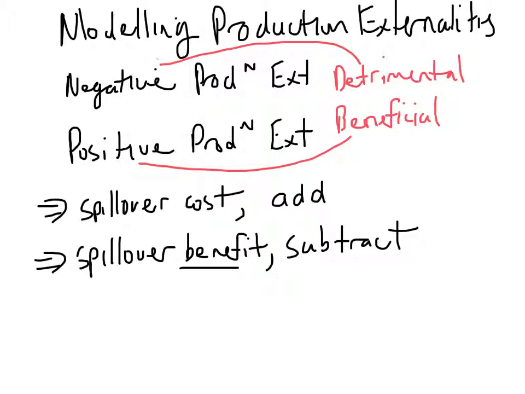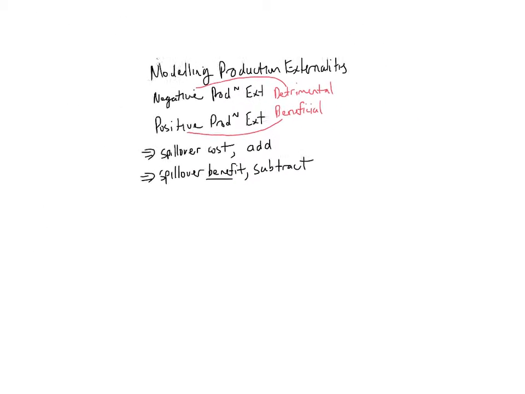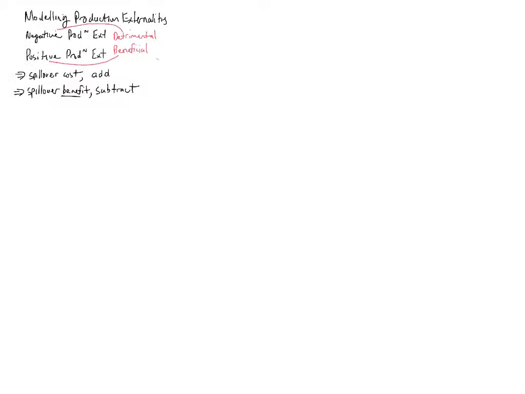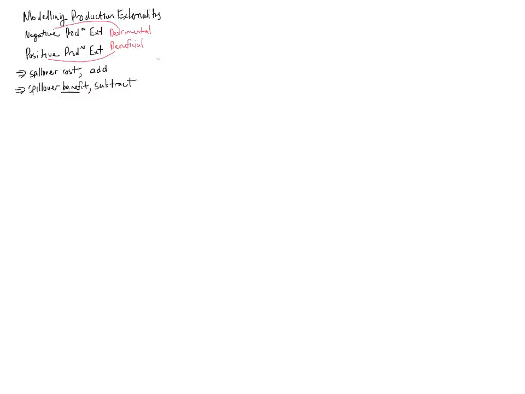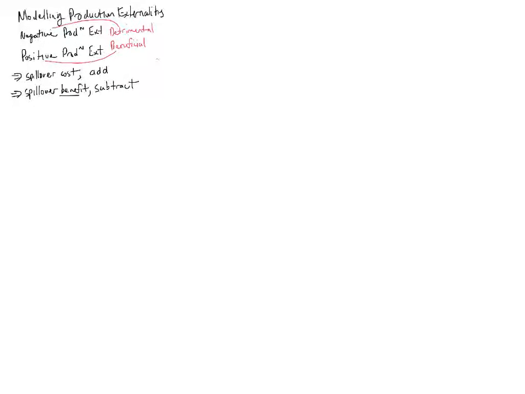Okay, just creating a bit of space for ourselves, putting this over here. Now, a simplification: if we're going to be talking about production externalities, then we're going to make a simplifying assumption. We're going to assume that there are no consumption externalities.